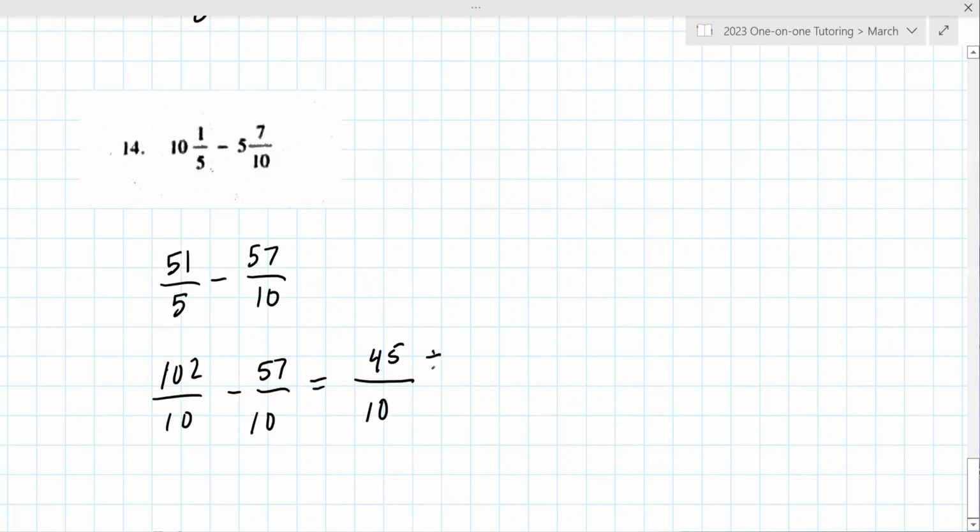You can divide the top and bottom by 5. Okay. So you divide the top and the bottom by 5. Okay, that is 5 over 9. Sorry, 9 over 5. 2. Oh yeah, you're right.